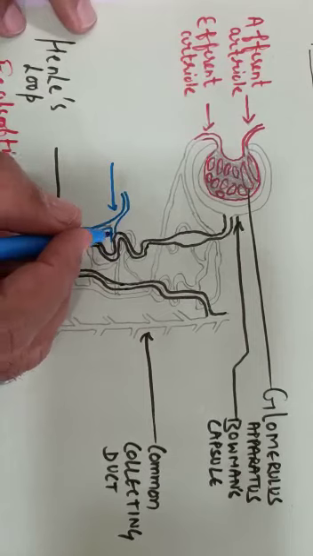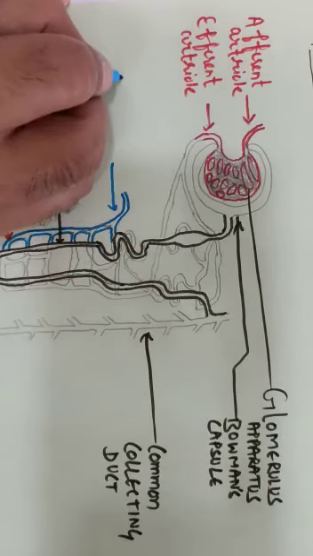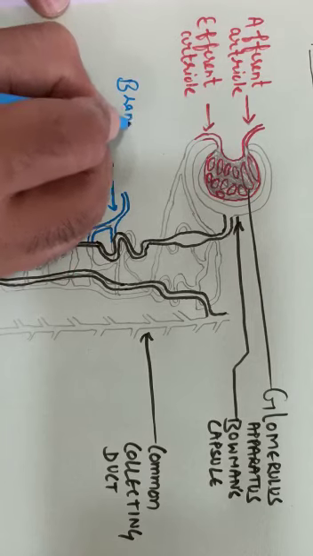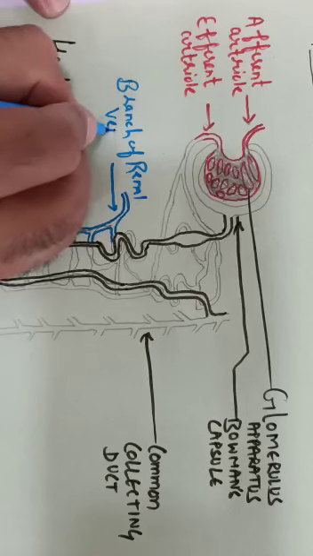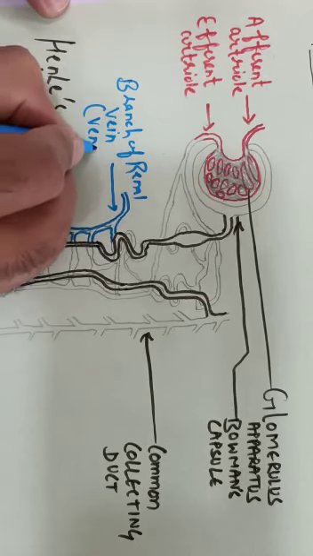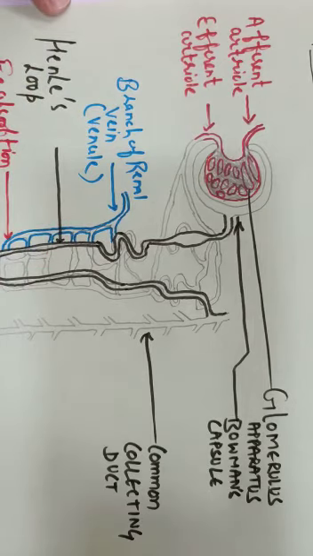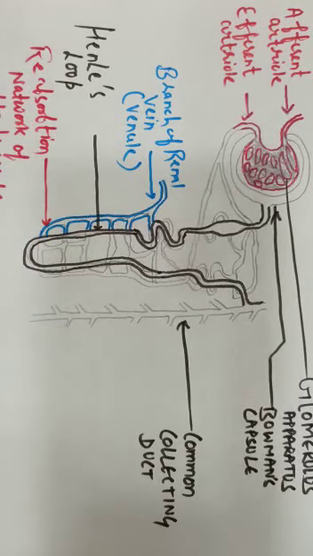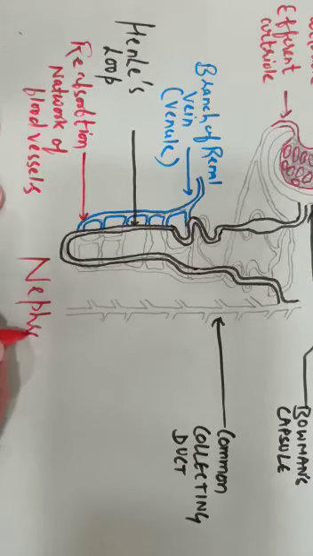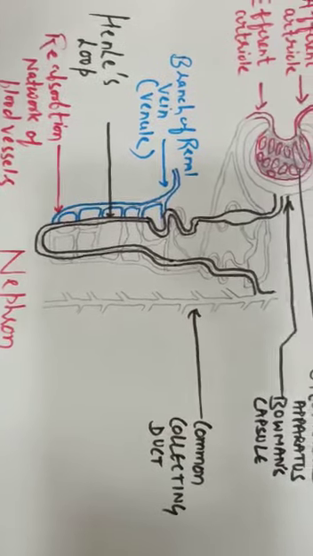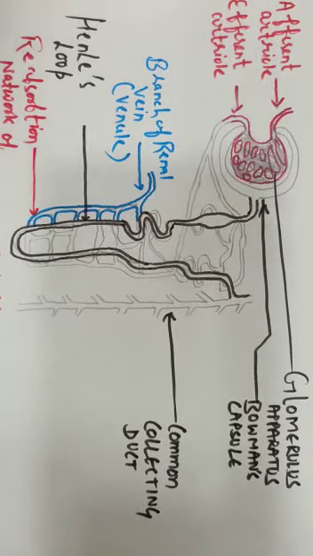This part is called branch of renal vein, or called venule. We can say this is the diagram of nephron, which is called the filtration unit of a kidney.